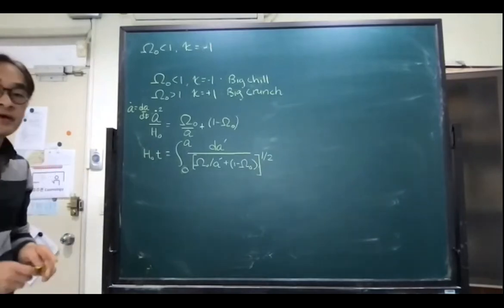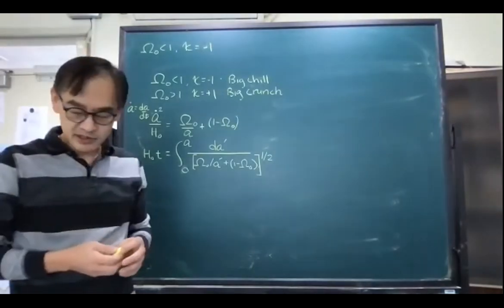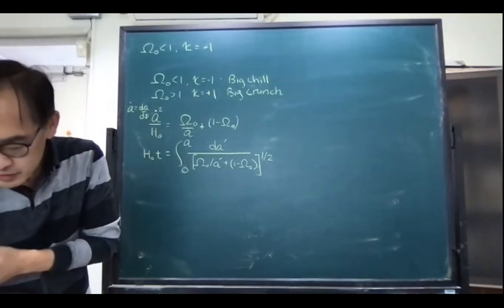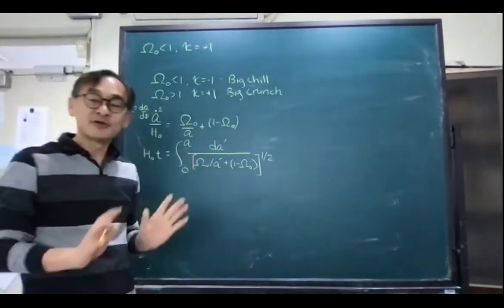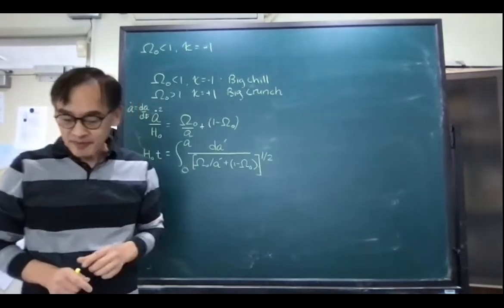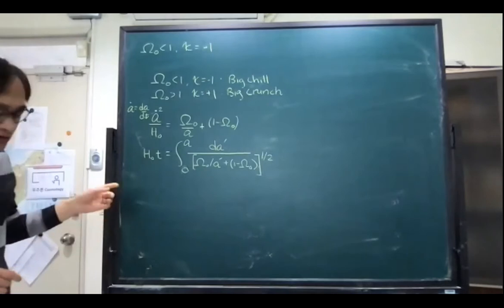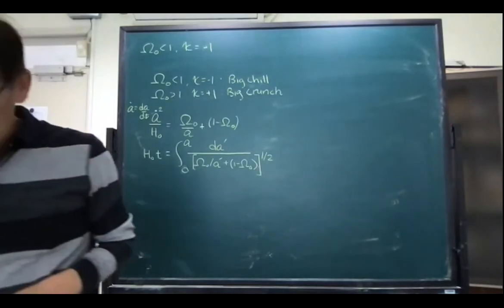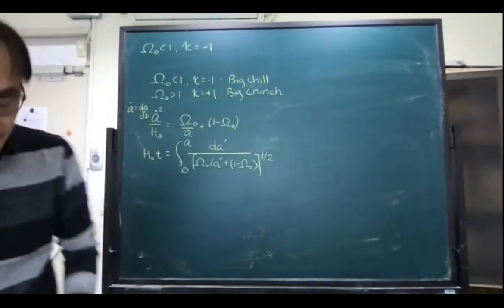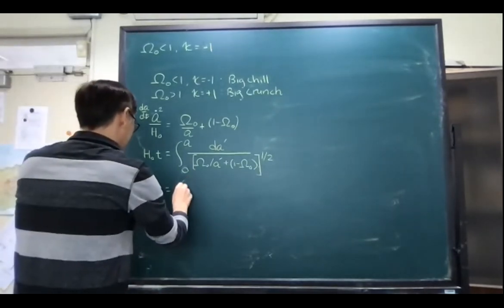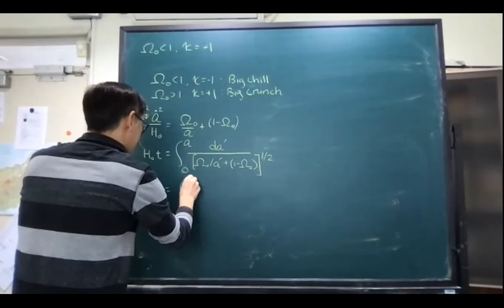I am not a mathematically oriented person, so I don't want to give you too much hard time, but let me sketch how you do this integral, because this will be your homework. You can change this into the integral from 0 to a.